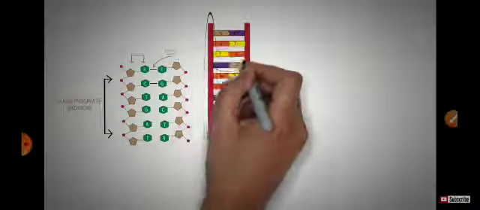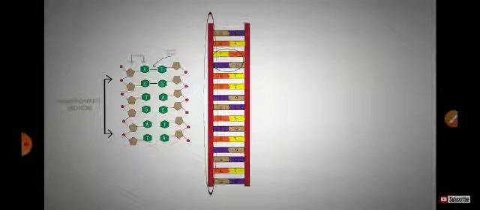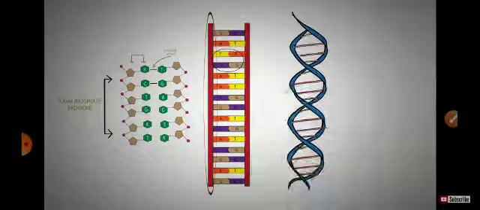So this is the ladder model of the DNA, where the backbone is formed out of sugar and phosphate, and the steps are formed of the nitrogenous bases, that is A, T, G and C. When we talk about the diagrammatic representation of DNA, it is a double helical structure which is antiparallel, comprising 3' and 5' ends.